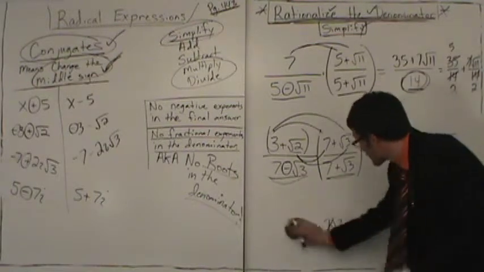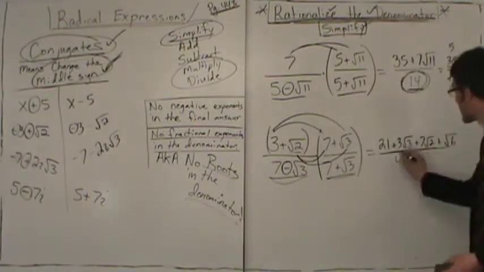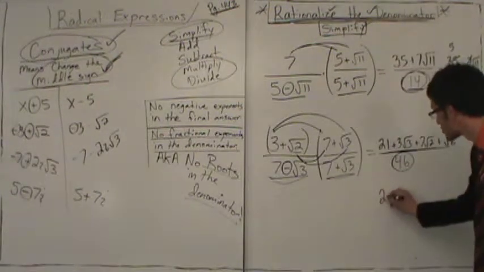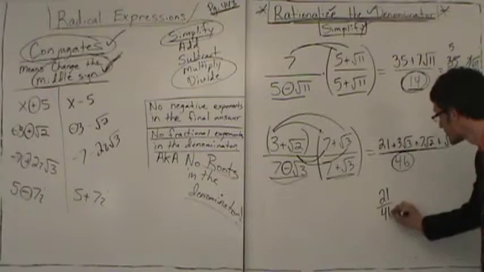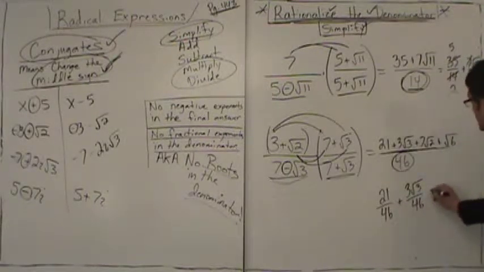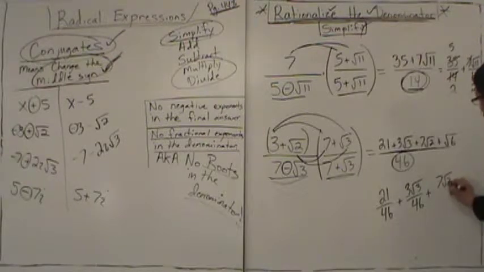No. Remember, if there's a monomial in the denominator, you have to split the addition in the numerator. So we're going to write this as 21 over 46 plus 3 root 3 over 46 plus 7 root 2 over 46 plus the root of 6 over 46.